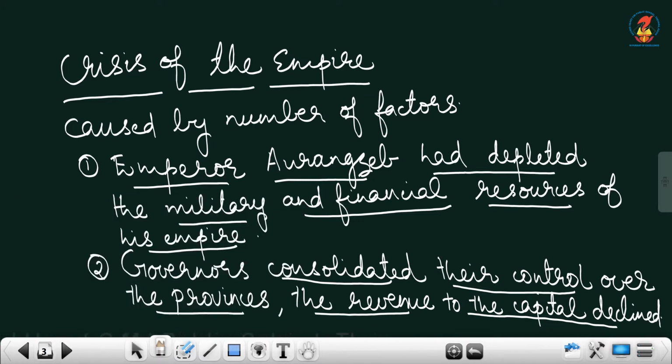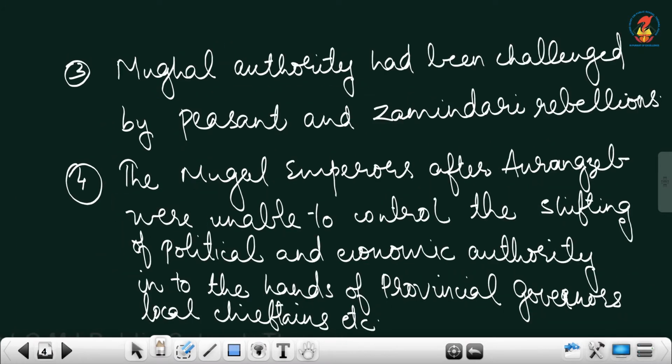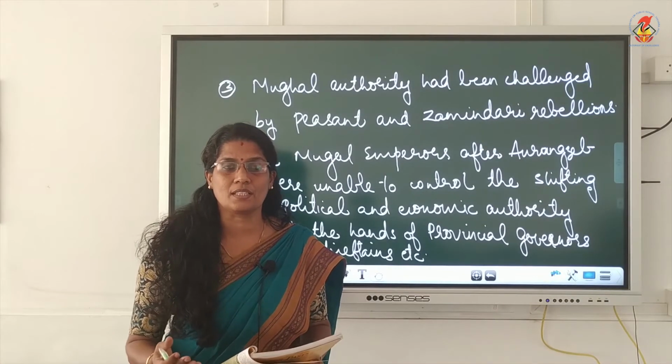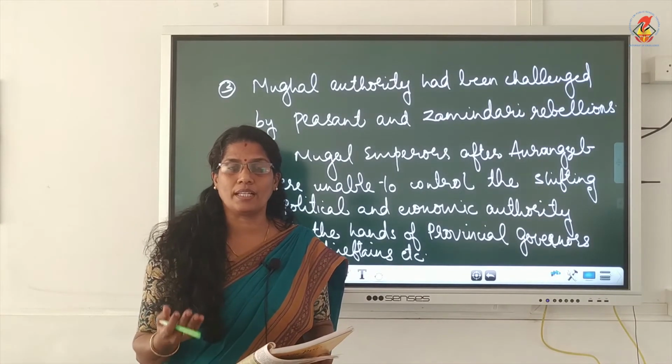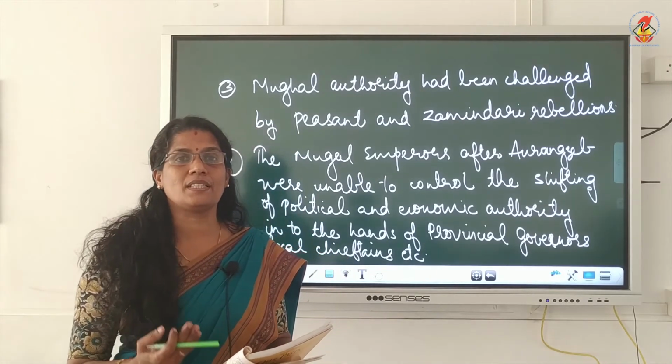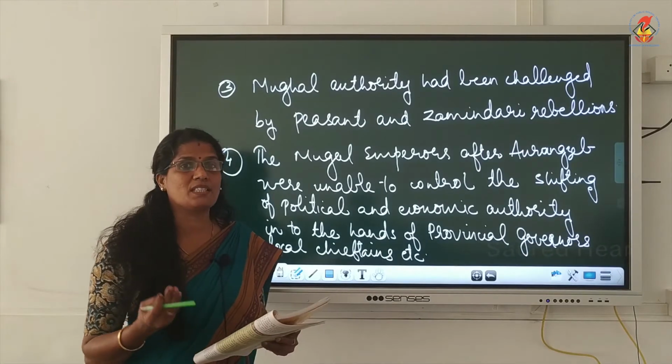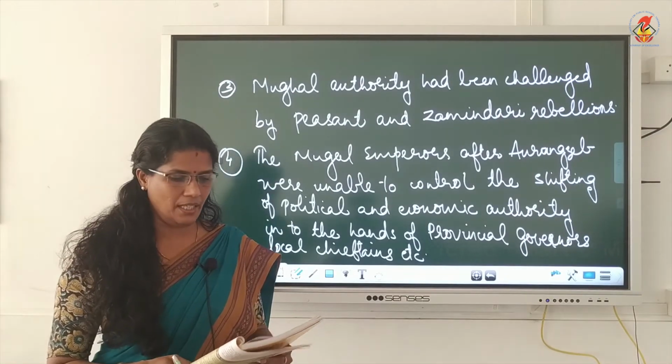Then the third one, Mughal authority had been challenged by peasants and zamindari rebellions. Peasants were against the mounting taxes. The taxes were more and more collected by these nobles. So the Mughal authority was challenged by the zamindars and peasants in the empire.